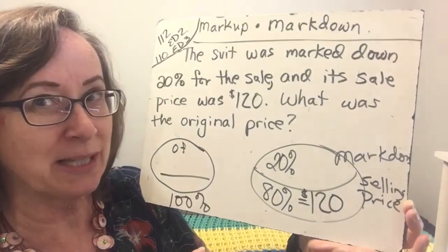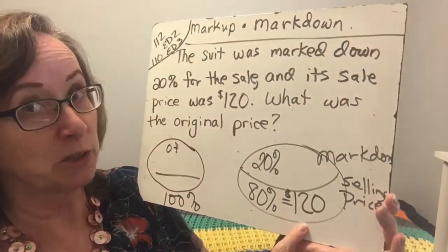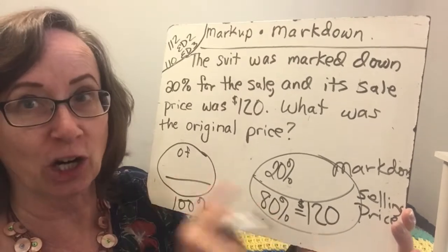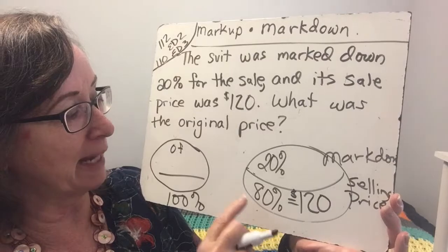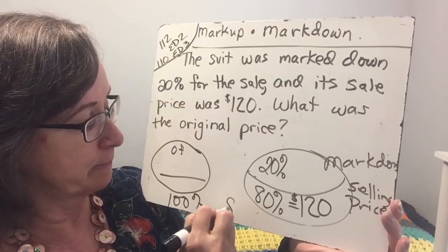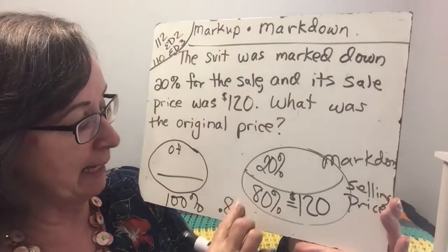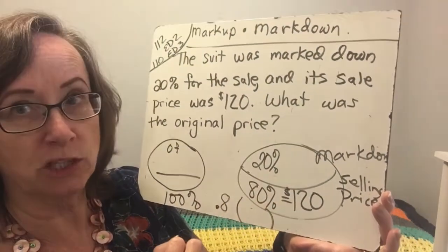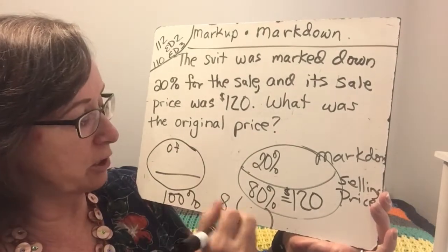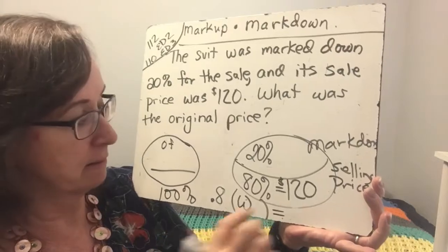We know 80% of the original price was $120. So the original price is definitely going to be bigger than the 120, isn't it? So let's look at our math. We've got 80%, so 0.80 or 0.8 times the original price, so we'll just call that the whole, is 120.